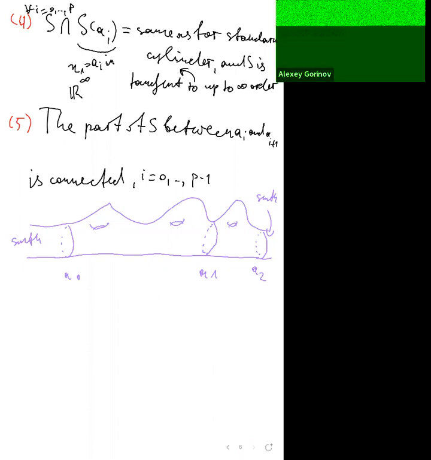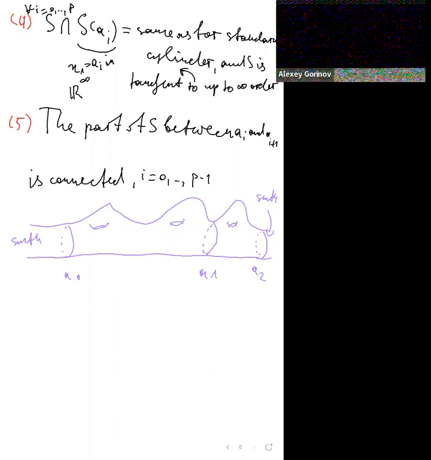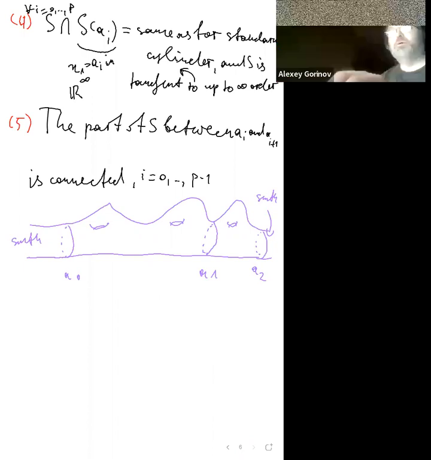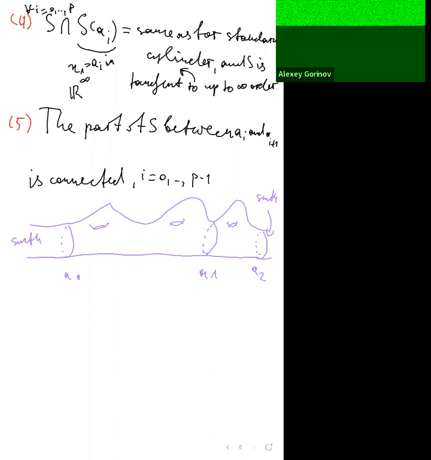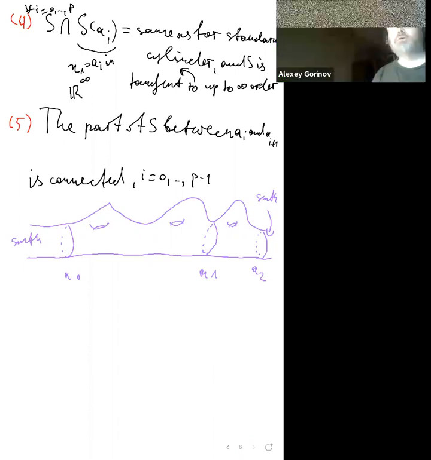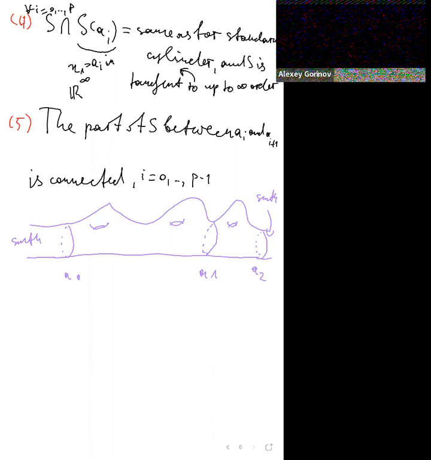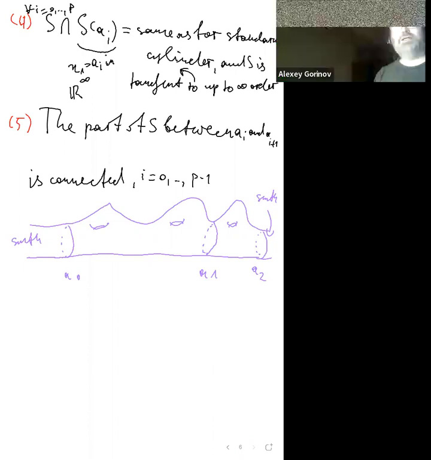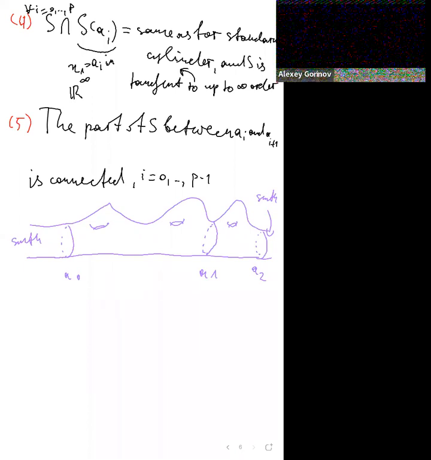to the left of A0, something to the right of A2. We don't know what this something is, and all we require is that the part between A0, A1, and A1, A2 should be connected, and the behavior around each circle should be the same as for the standard cylinder, and this is basically it.